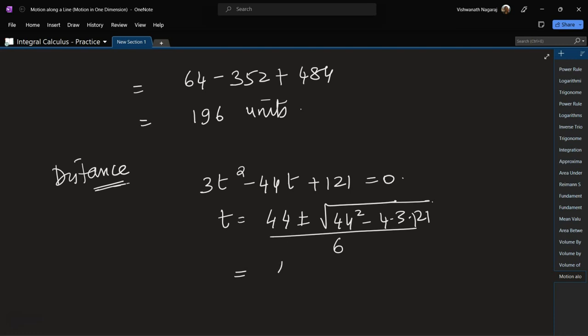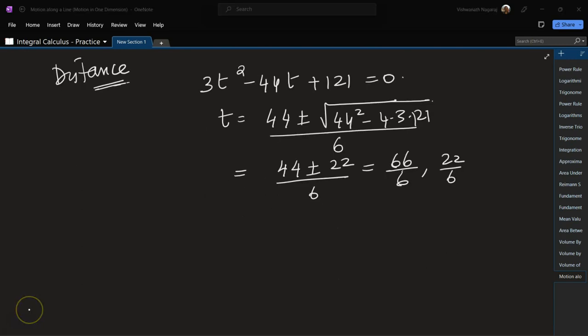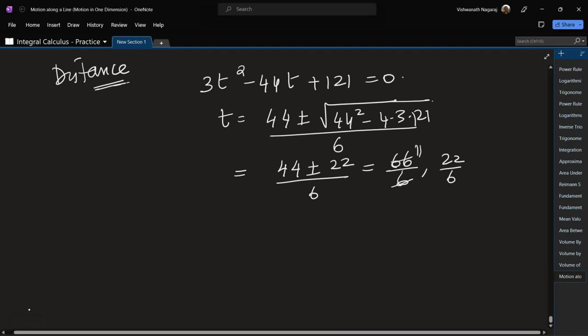Now this gives us 44 plus or minus 22 by 6, which becomes 66 by 6 or 22 by 6. And this can be further simplified to 11 and 11 by 3. So we have 11 and 11 by 3.